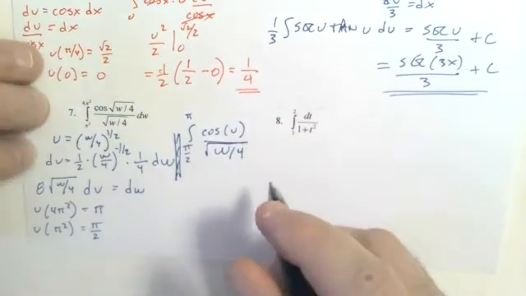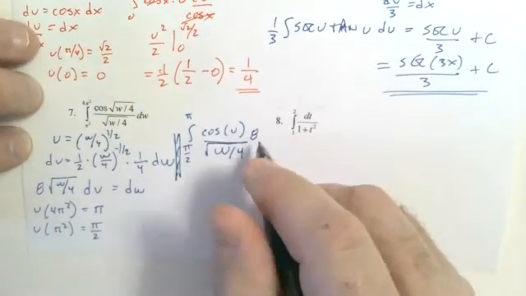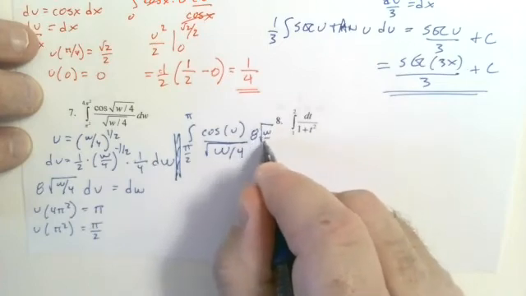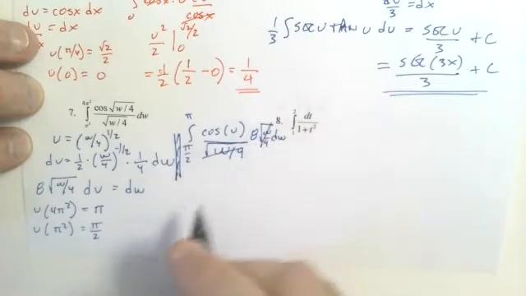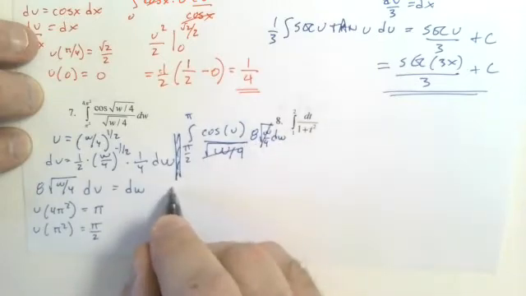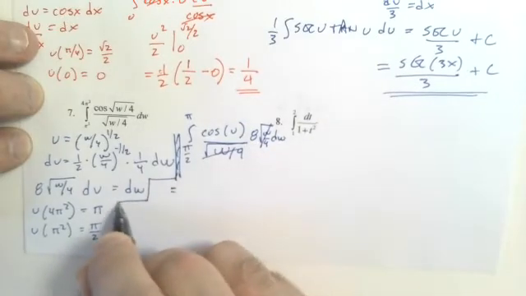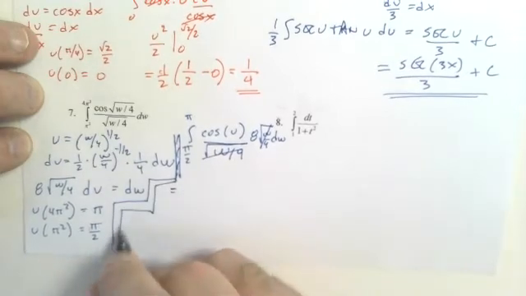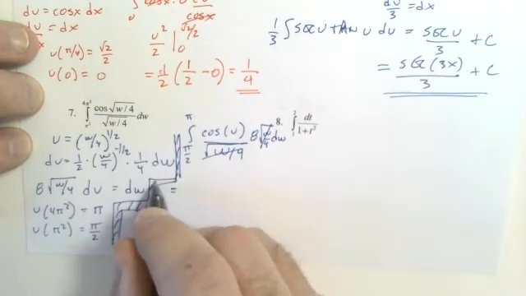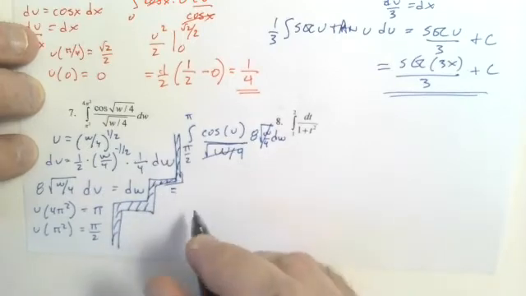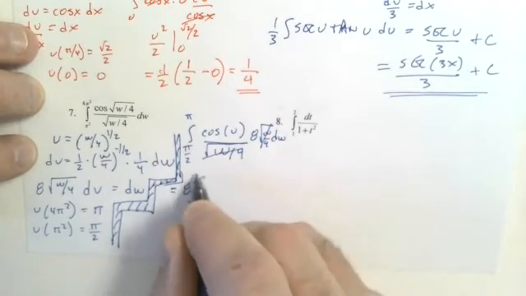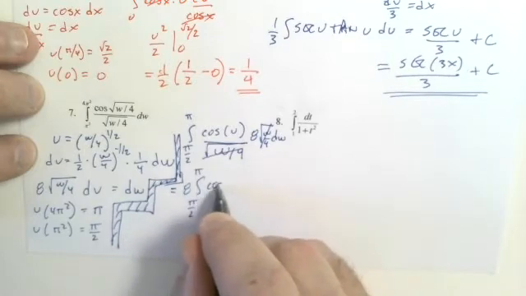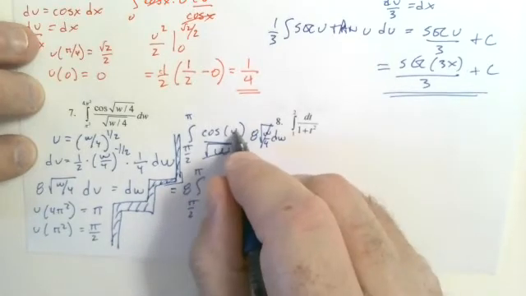Let's see what happens. 8 times, nice, equals 8 integral pi over 2 to pi cosine of, that's a w.